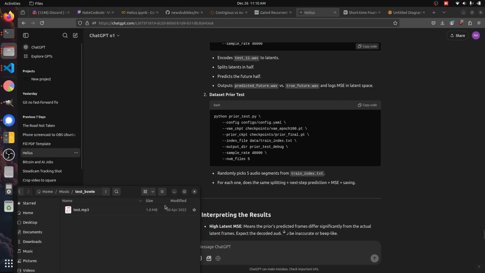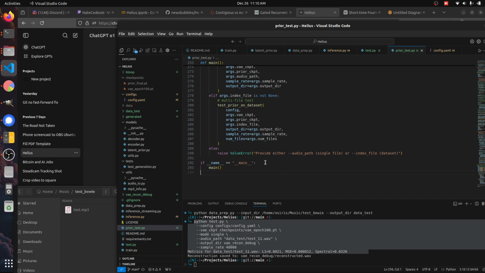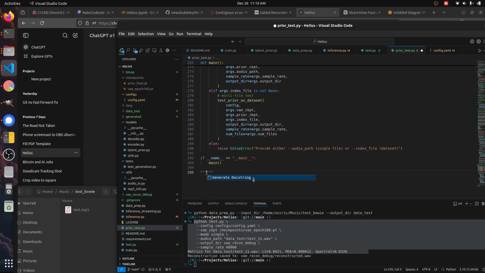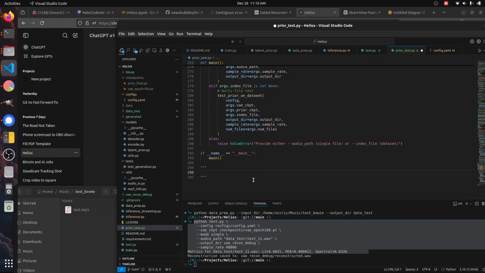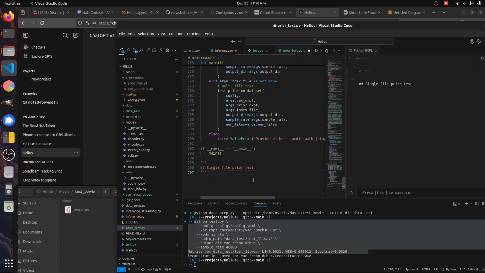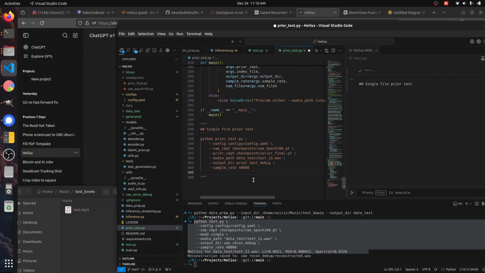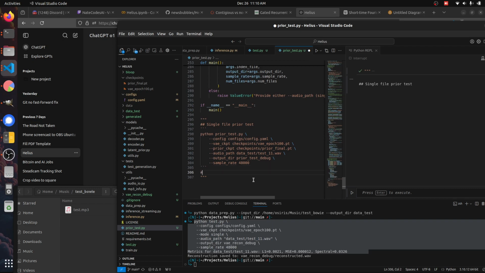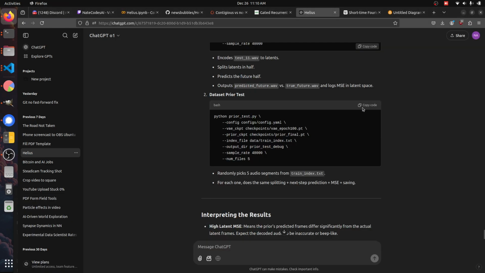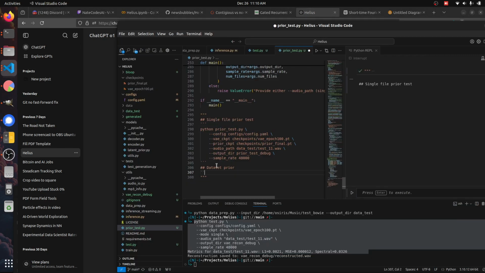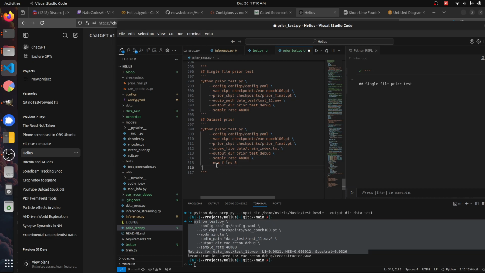I don't think I'm going to be needing to do any dataset prior tests, but... Too used to hitting shift enter. Okay.